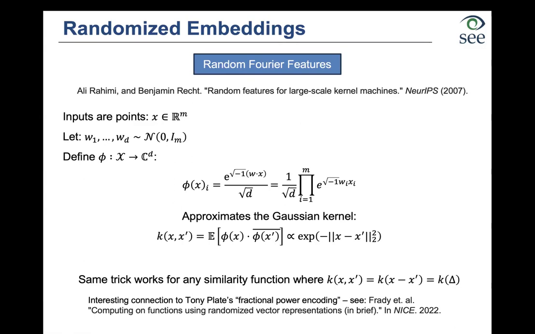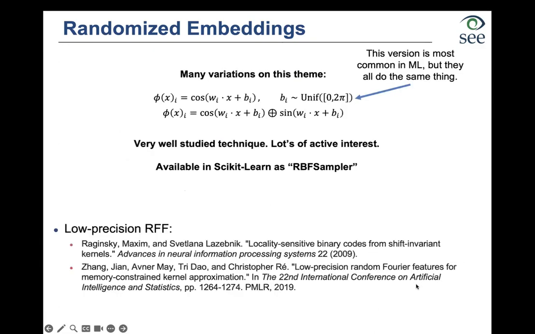And if they're very close, like if they coincide, then it's big. In fact, we can extend this approach to work for any similarity function that just depends on the difference between its operands. And it turns out that this also has an interesting connection to Tony Plate's fractional power encoding. There's a very nice paper by Frady and Kanerva that walks through this.